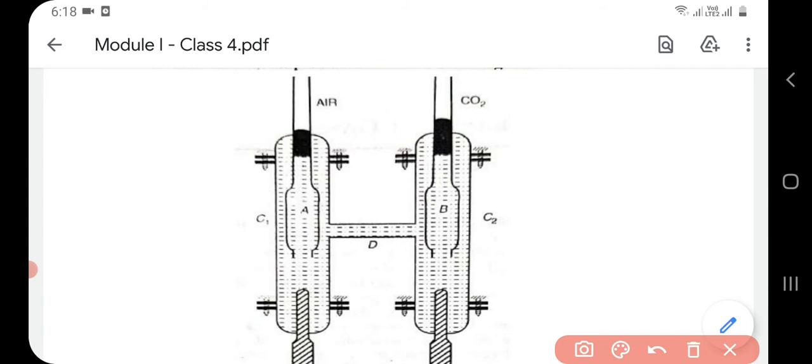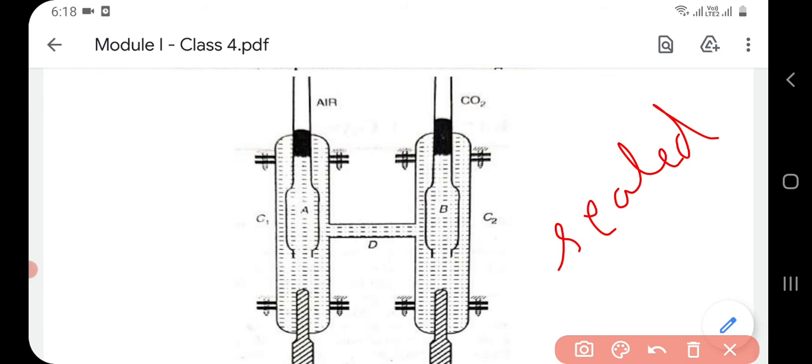In tube A, dry air is passed for a long time and then tube A is sealed. In tube B, carbon dioxide gas is passed for a long time and then tube B is also sealed. That is the first step. After that, tubes A and B are immersed in mercury. After immersing in mercury, the lower portion of the tube, which was sealed, is opened.